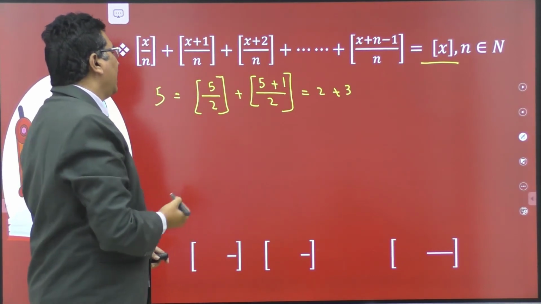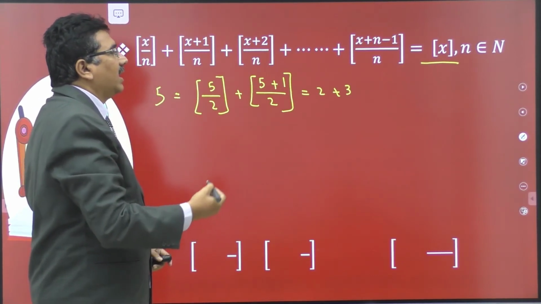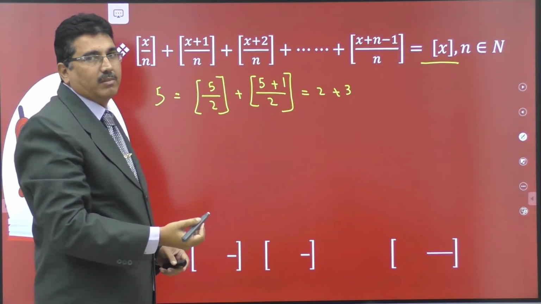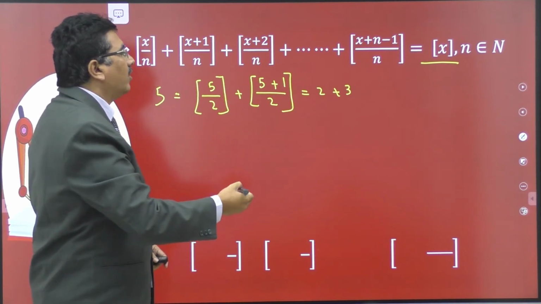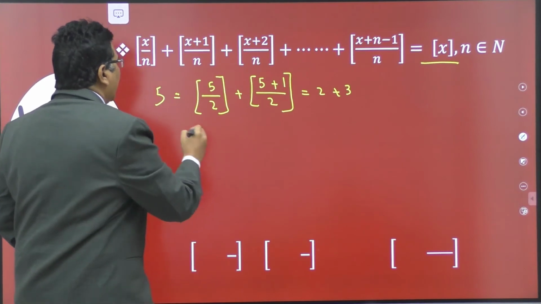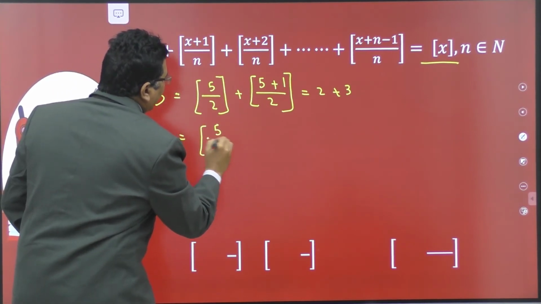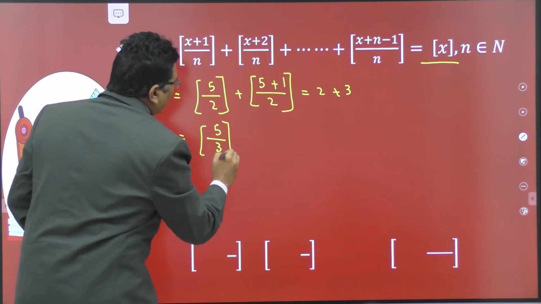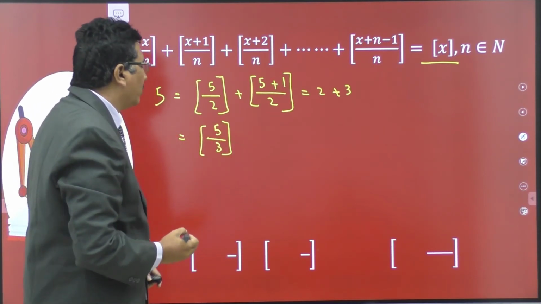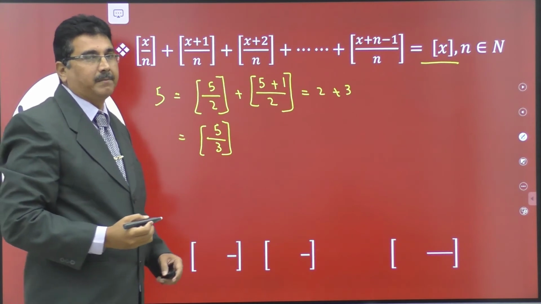Now see, 5 can be written in a different way by using another value of n. That is equal to floor of 5 by 3. Here we choose n is equal to 3.